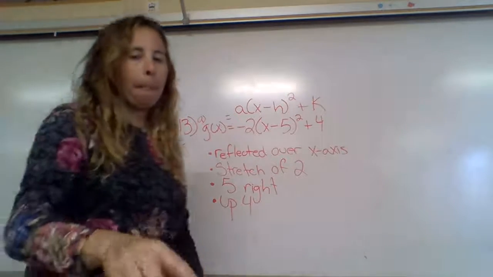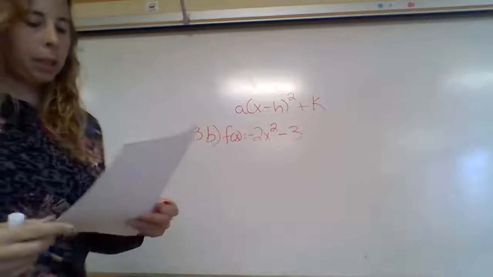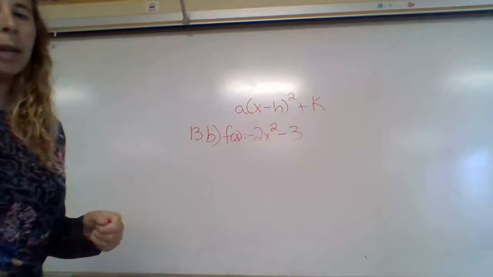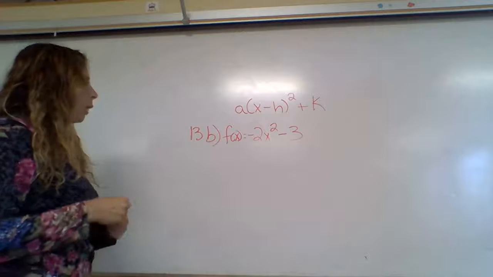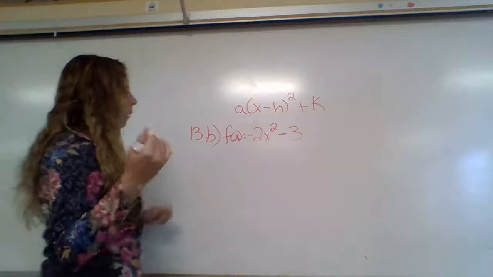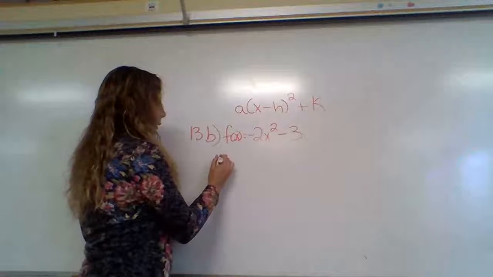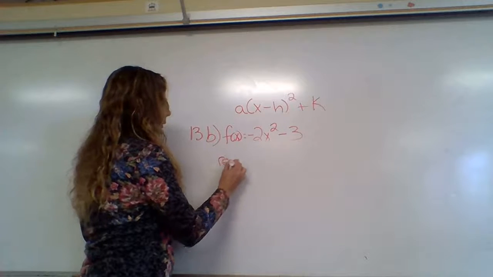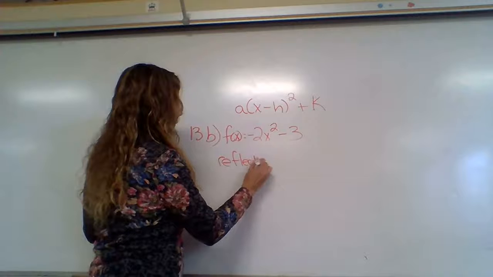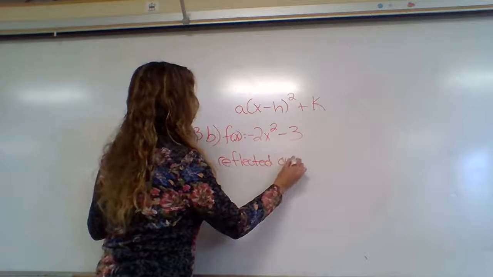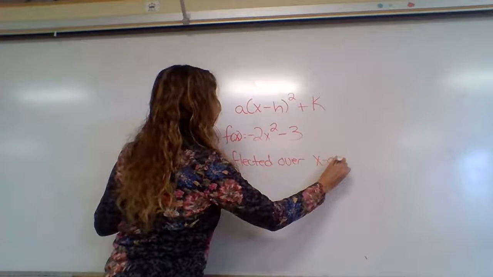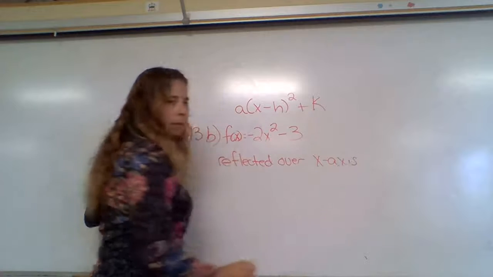Okay. All right, this is 13b, negative 2x squared minus 3. So you're describing the transformations. So we'll go from left to right again. I have a negative. What does that mean? We're reflected over the x-axis.